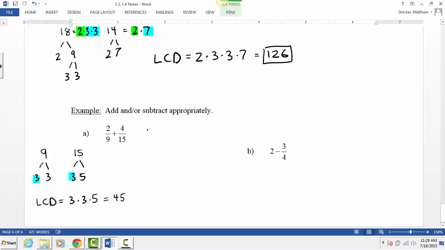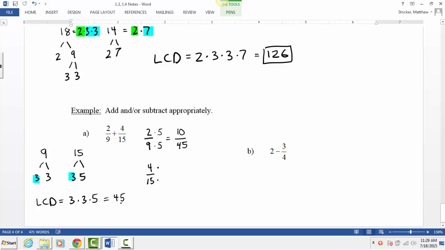And so what I'm going to do here is I'm going to take my 2/9, and notice that to get 45 I need to multiply this by 5, which means I also need to multiply the top by 5. 2 times 5 is 10, 9 times 5 is 45. Same thing with the other answer. I'm going to take my 4/15. What do I need to multiply the top and bottom by to get 45 for the bottom?